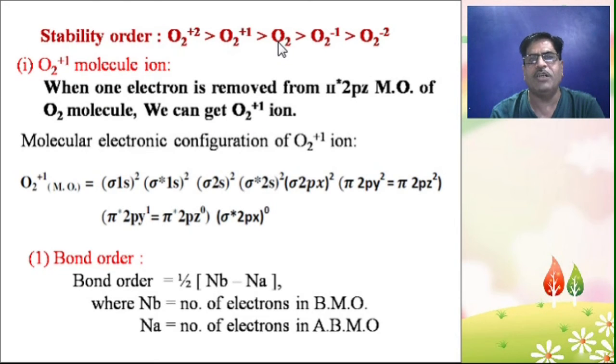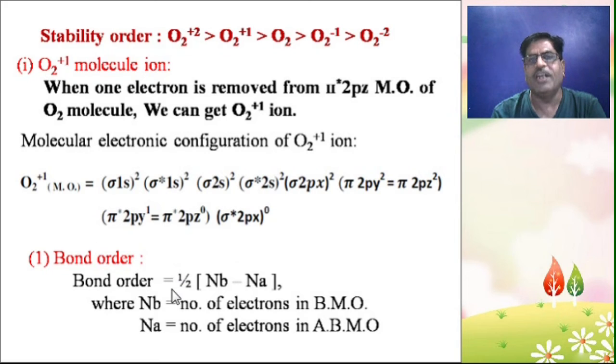In O2 molecule, one electron is removed and we get O2 plus 1 molecule ion. So in the molecular electronic configuration of O2 plus 1, in pi star 2pz, one electron is removed here. So what is the bond order of O2 plus 1?